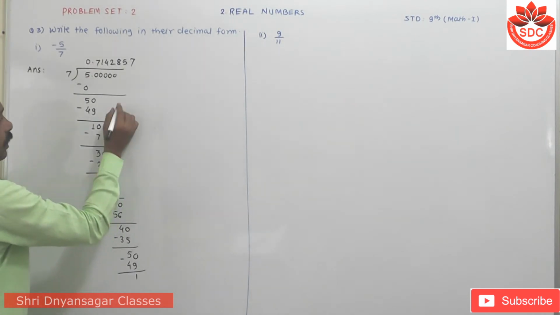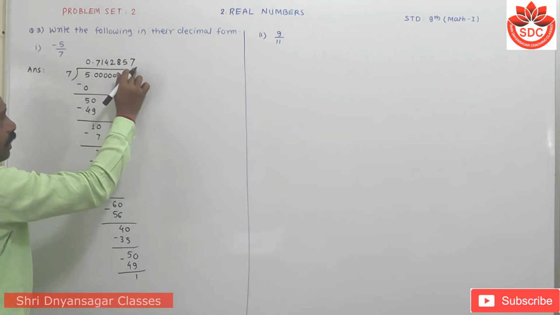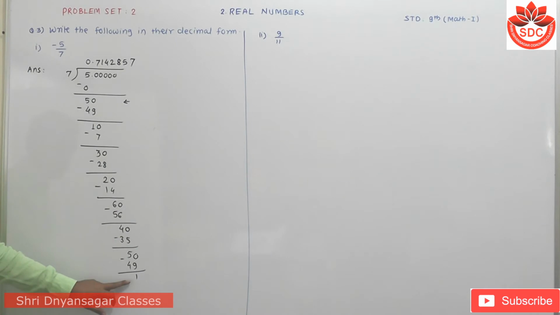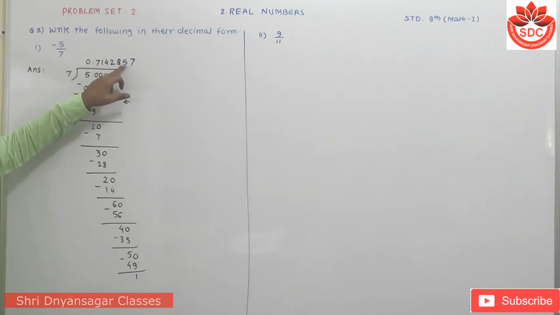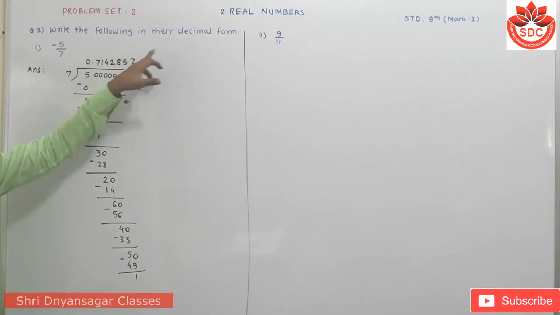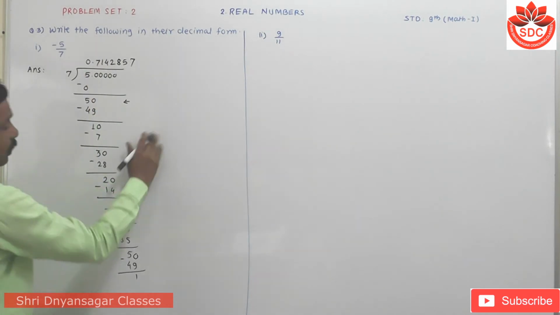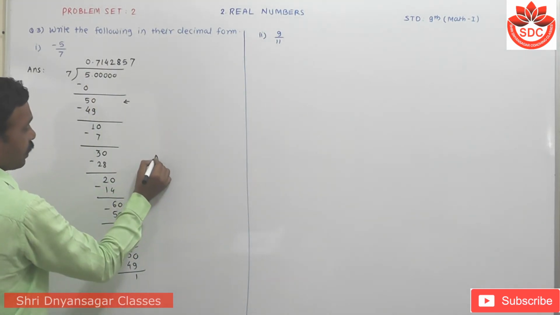Sorry, here 50 is coming again, meaning you have to start again from 7. Remaining is 1. Again the next numbers are 1, 4, 2, 8, 5, 7. Then 1, 4, 2, 8, 5. This means these numbers are recurring here. So the answer, I will write the answer here.